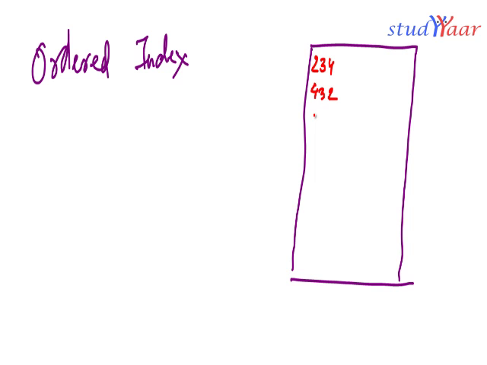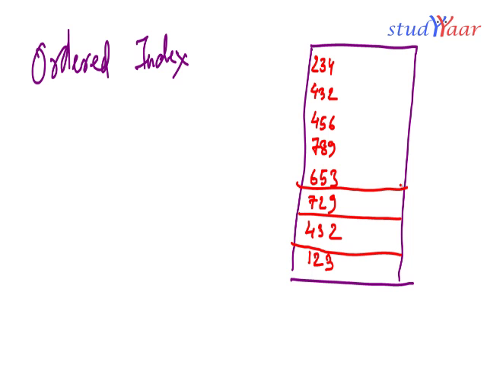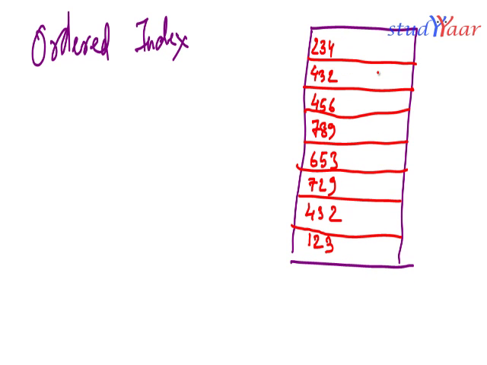This file is organized with respect to the employee IDs. But just understand one thing here. It is very much possible that this organization is not physical but logical. A logical organization would have pointers.